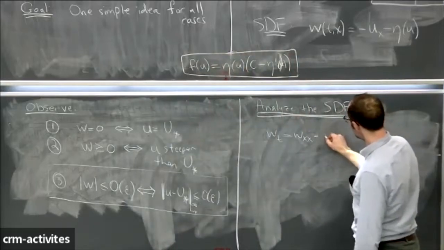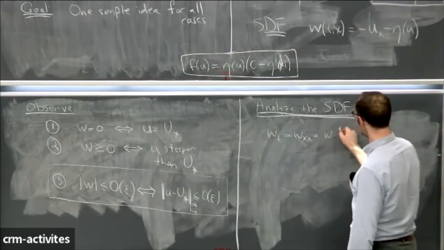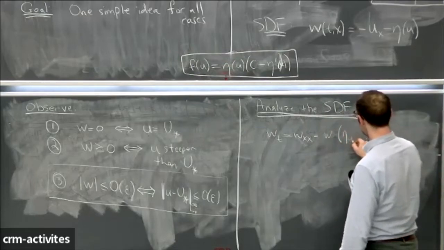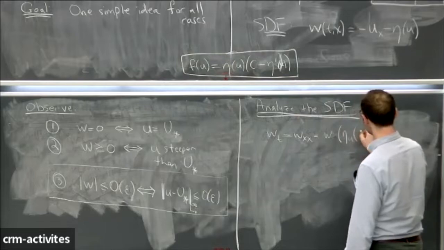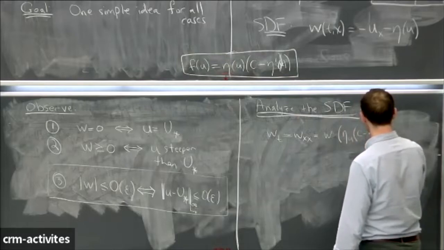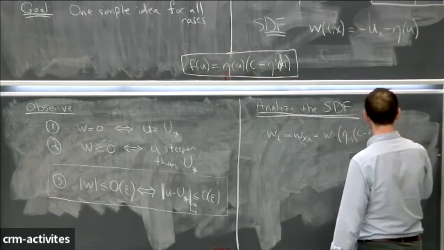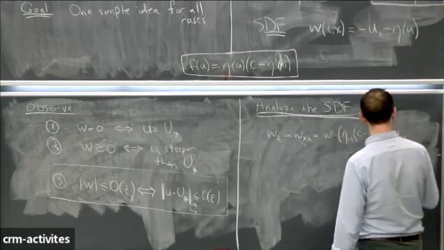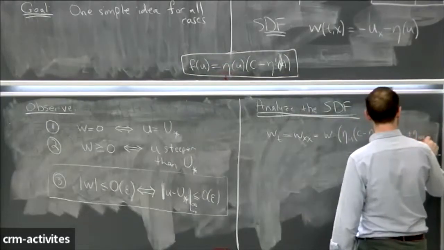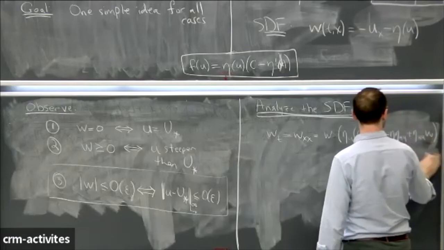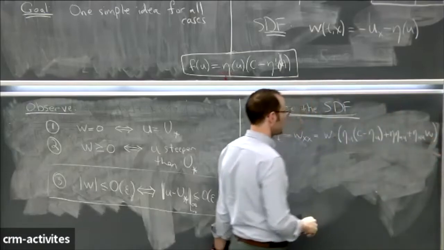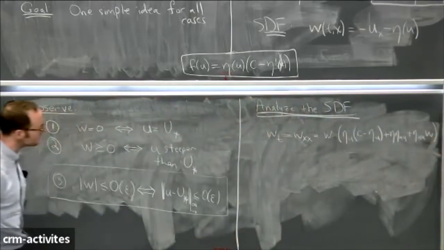And what you get is this is going to be equal to W times the U derivative of eta times C minus the U derivative of eta plus eta second derivative plus eta second derivative W. Okay, so we get this PDE.